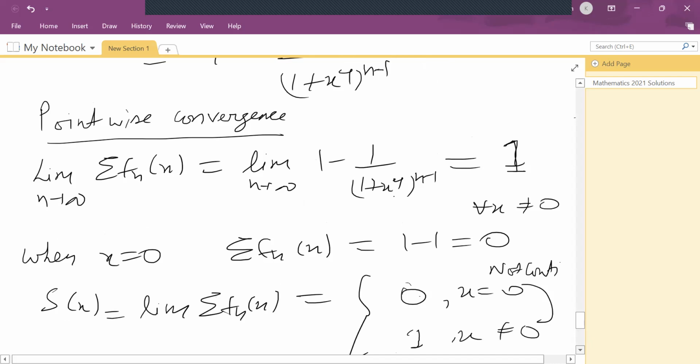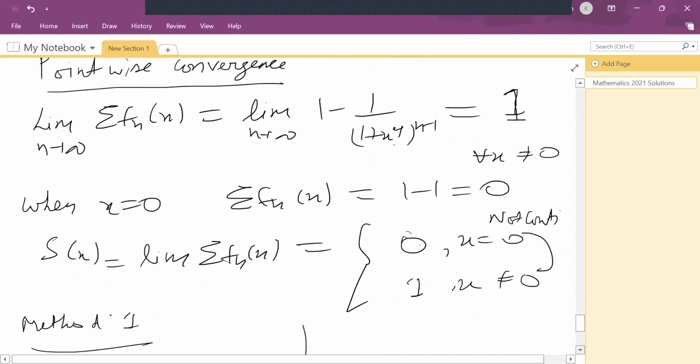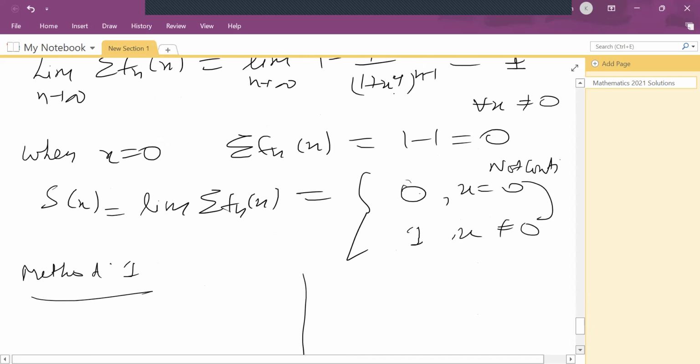Every uniformly convergent series of functions will converge to a function which is continuous. The converse need not be true, but if a series is converging uniformly, then the function that is obtained will be continuous.